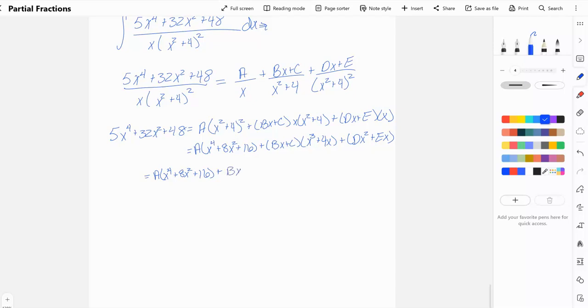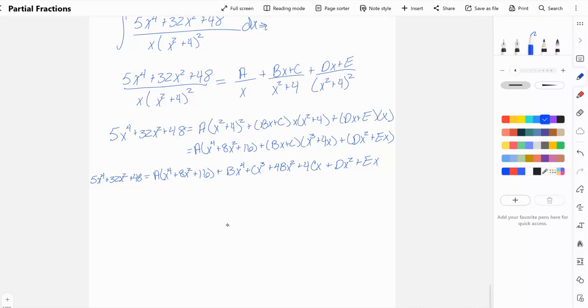So this is bx to the 4th plus cx cubed plus 4bx squared plus 4cx plus dx squared plus ex. Supposed to be equal to 5x to the 4th plus 32x squared plus 48.